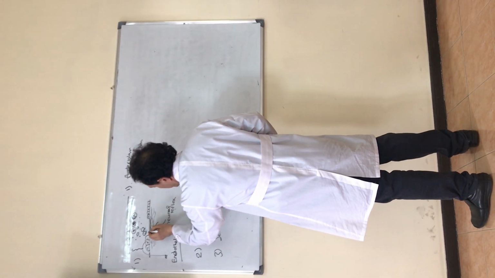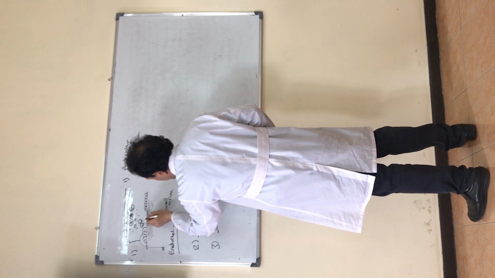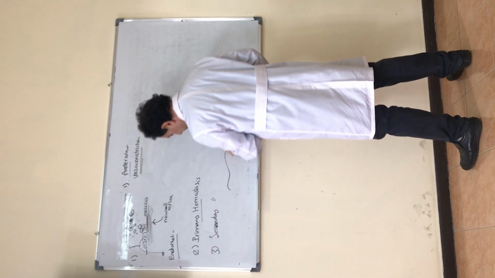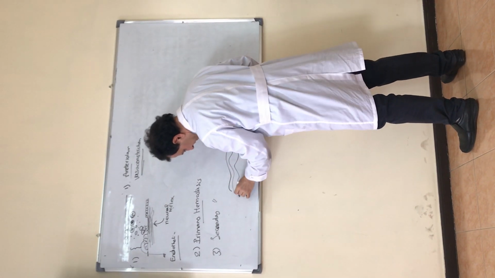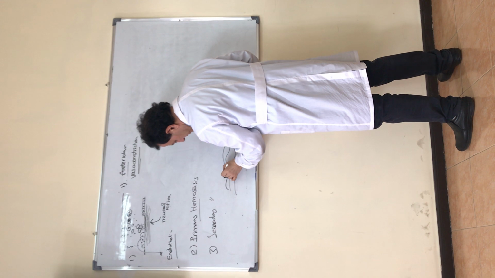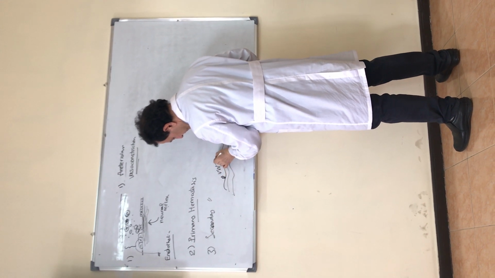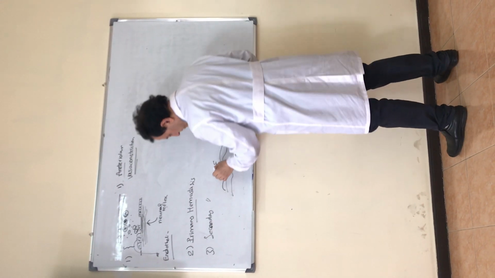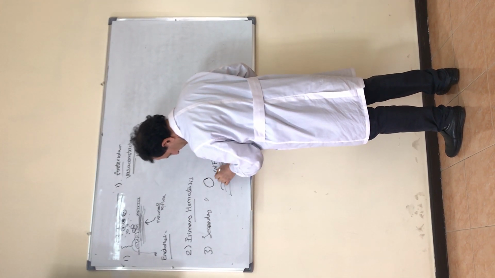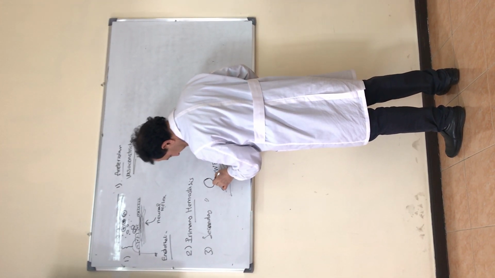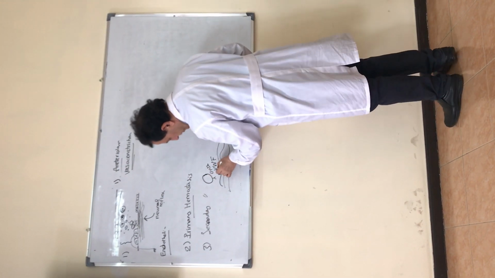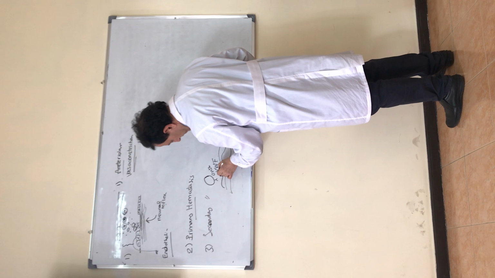There is a receptor on these collagen fibers called von Willebrand factor. So collagen fibrils have a molecule called von Willebrand factor, and these platelets have a receptor called GPIB. This GPIB can bind to this.